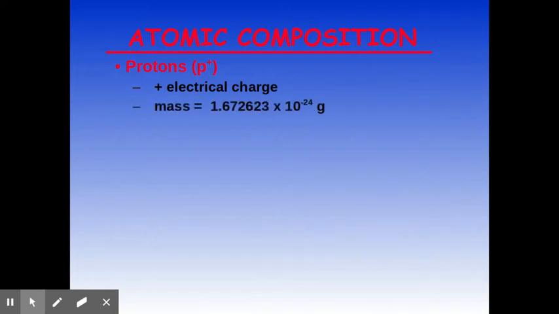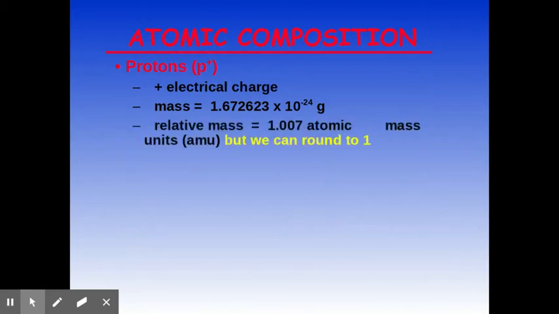They have this mass if you wanted to write it in grams, but let's face it, chemists are lazy. We're not going to do math with that number if we don't have to. Turns out we're going to come up with a new relative mass called an atomic mass unit, and we're going to round the mass of a proton to 1 AMU. So 1 AMU, that's the mass of a proton.